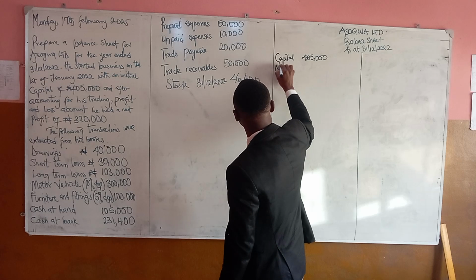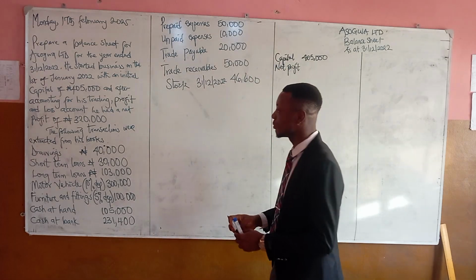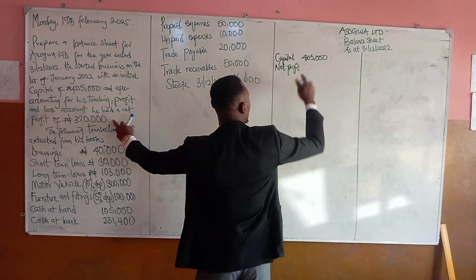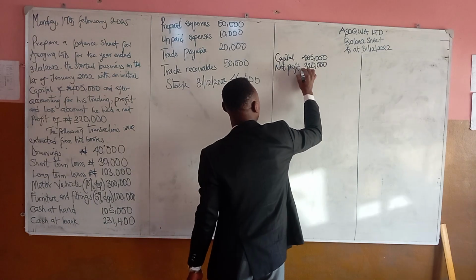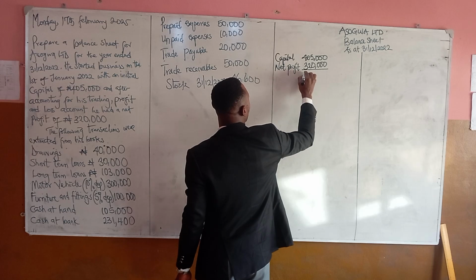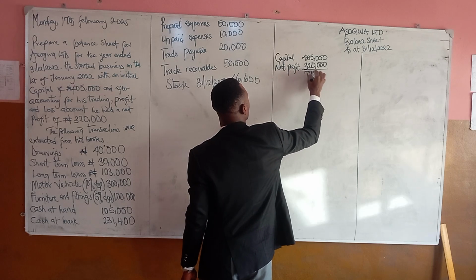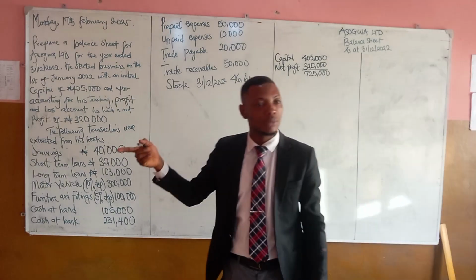Do we have a net profit? Yes. What's the value of our net profit? 320,000. Wonderful. So what do we do to this? Add. So if we add this, what do we have? 725,000. Wonderful.